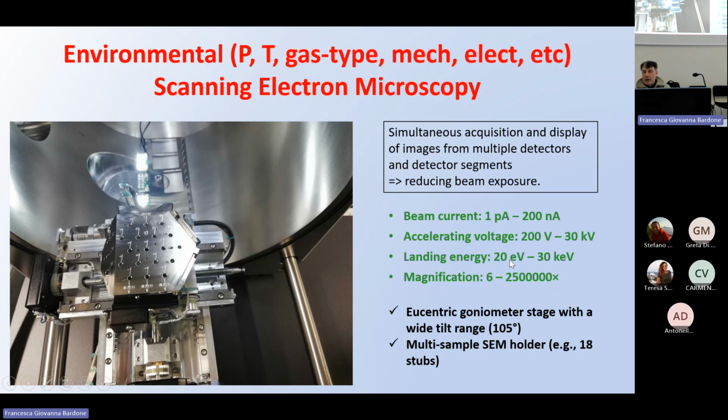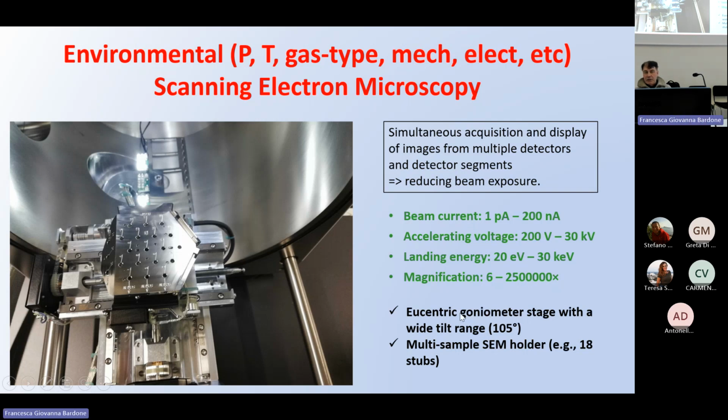And we can also decelerate the electrons down to a few electron volts inside the chamber. So if we have very fast electrons, we can decelerate them and allow them to hit the surface very gently. And the magnification range of the instrument goes from 6 to about 25 million times.